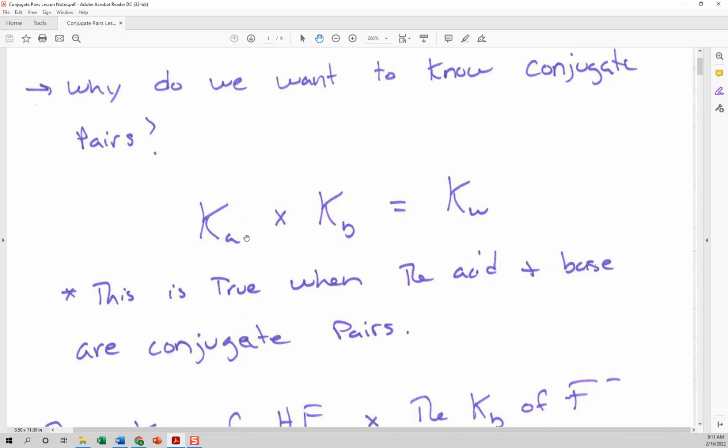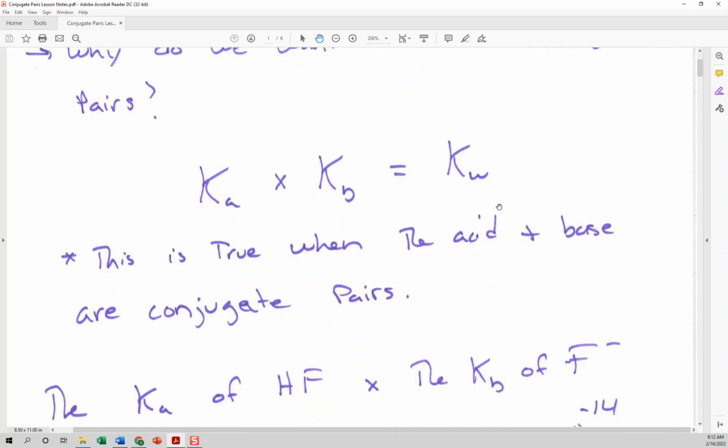So if I know the Ka of acetic acid and I know the Kb of acetate, which is its conjugate base, those should multiply and equal Kw. And we know what Kw is. It's 1 times 10 to the negative 14, all right? So this equation is true when the base is a conjugate pair of the acid, okay?